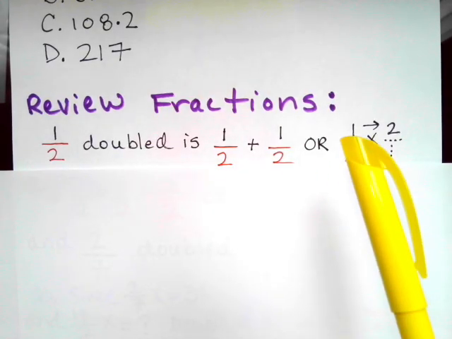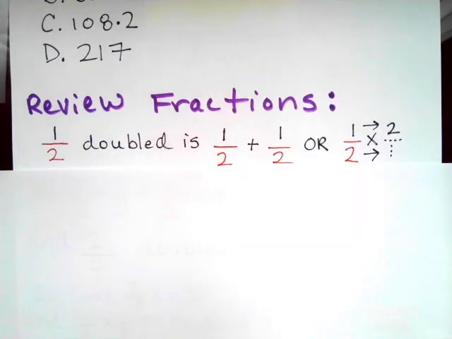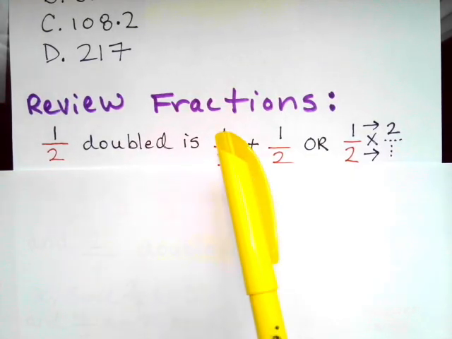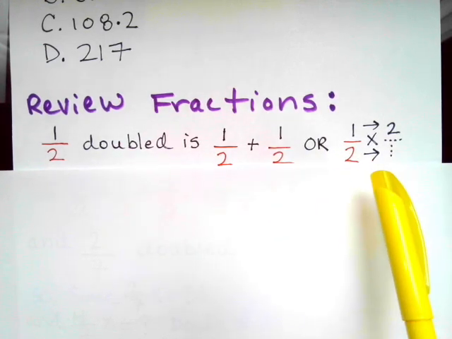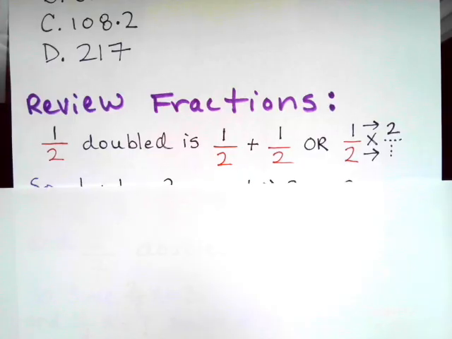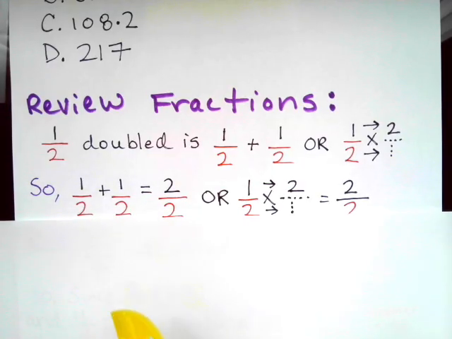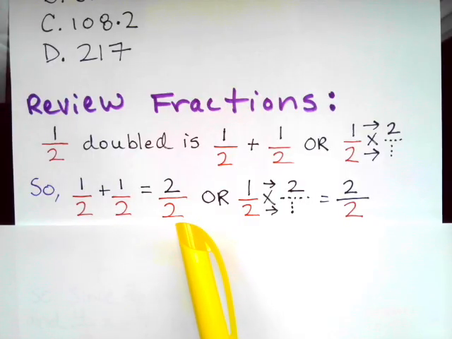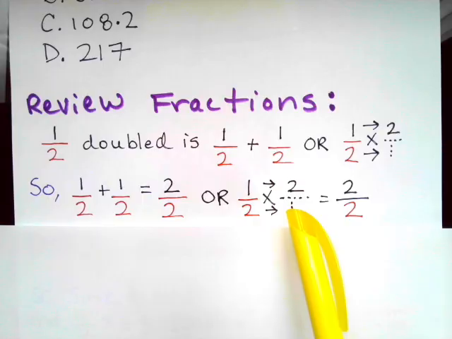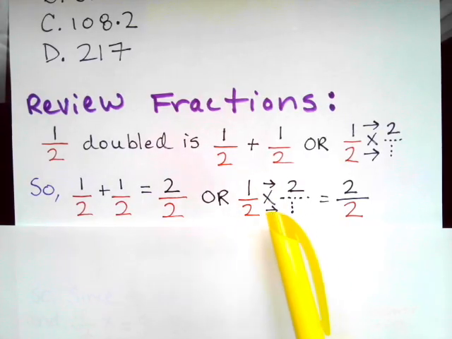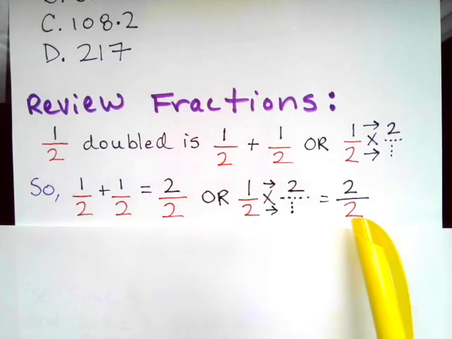And when we multiply fractions, we multiply top to top, bottom to bottom. So if you double 1/2, you can do it two ways. You can add or you can multiply your fractions. So 1/2 plus 1/2 equals 2/2. Or 1/2 times 2/1, invisible 1, we multiply top to top, bottom to bottom, is still 2/2.